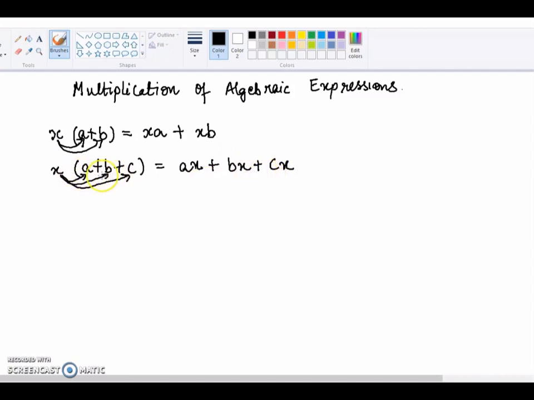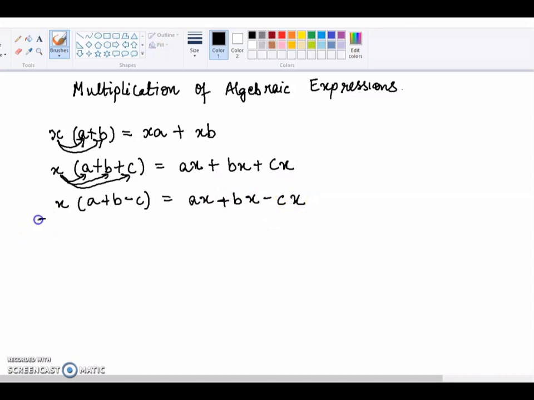What if I replace this with a minus sign? So x into a plus b minus c. This will become ax plus bx minus cx. So this is how multiplication has to be done.